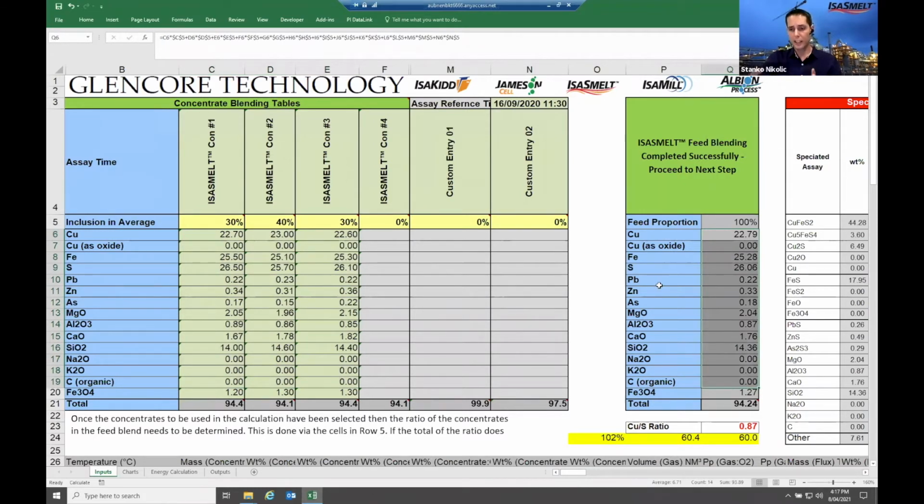Now, in this case, many smelters do some of this process modeling at the beginning of their operation, or they get the technology provider like ourselves at Glencore Technology to assist them in establishing parameters to run their furnace to, and then you just stick to those parameters, and the furnace operation will run within where we want it, and you shouldn't see many problems. So that is the case for many facilities around the world.